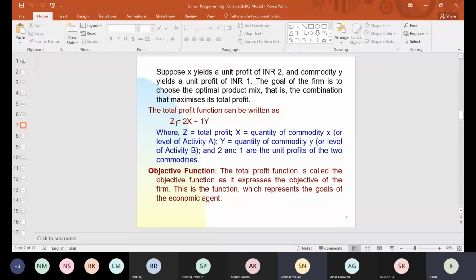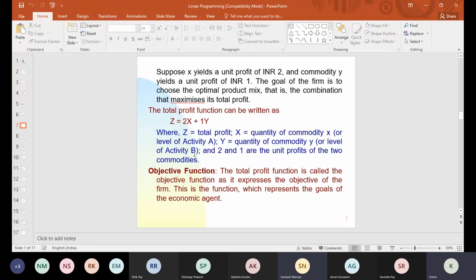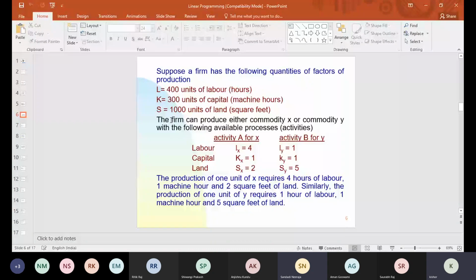Now in this case, your objective function is profit, maximizing Z. Because we try to maximize your Z. We try to produce X and Y in such a way that Z will be maximum under these given constraints. Constraints means these are your constraints. Why are they constraints? Because you cannot go more than 1000 square feet of land.